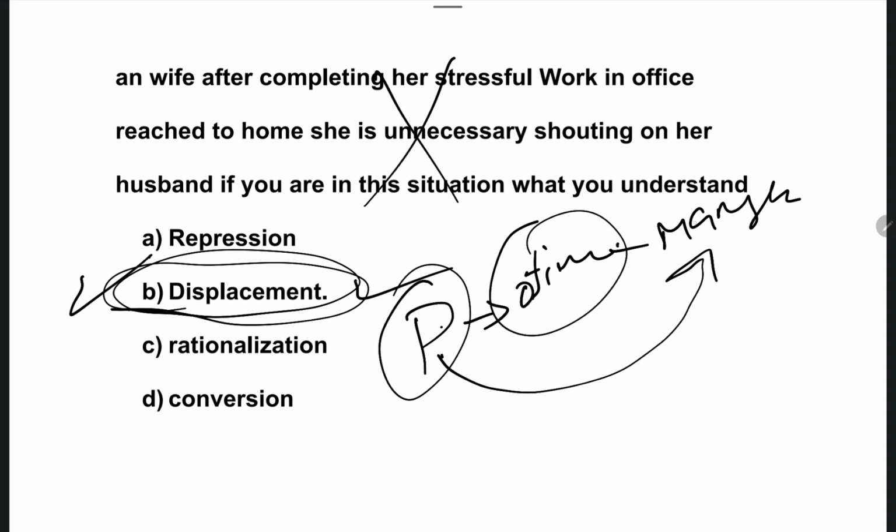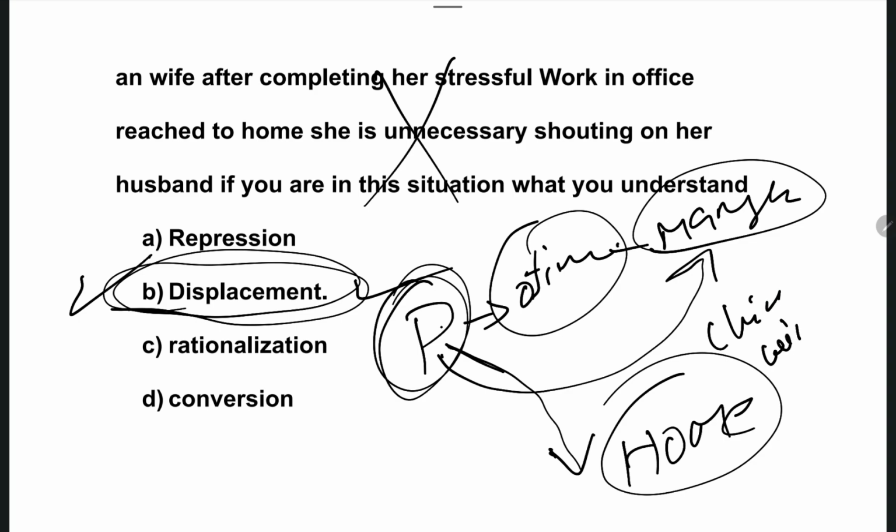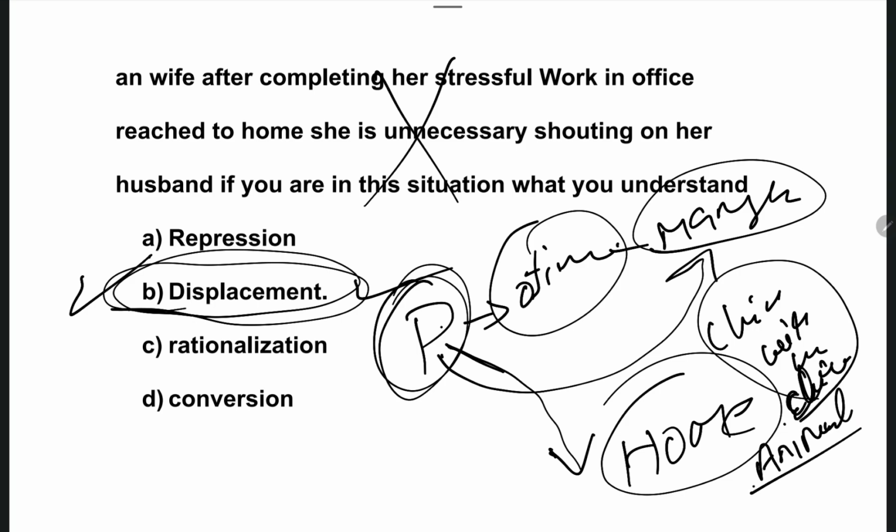He cannot scold the manager in return, but all his frustration will be taken out at home. Whoever is present in the home, for example children, wife or husband, elder people, even animals. Nowadays they are showing their frustration on animals. So the right one is option B, displacement.